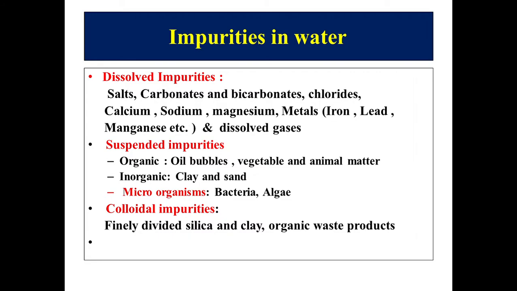Suspended impurities contain organic materials like oil bubbles, vegetables, and animal matter, inorganic clay and sand, and microorganisms like bacteria and algae that may be present in the water. Colloidal particles are very finely divided silica and clay, organic waste products, etc.